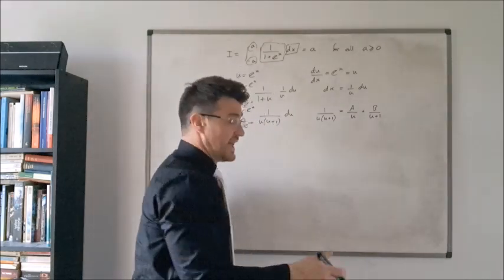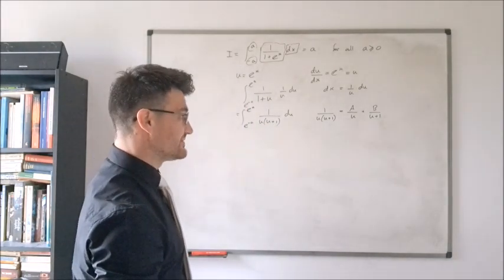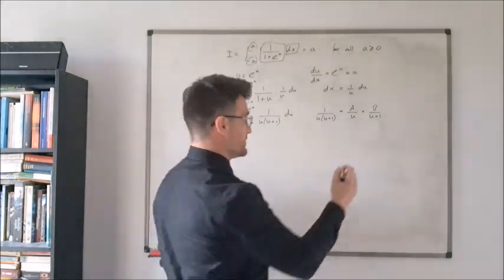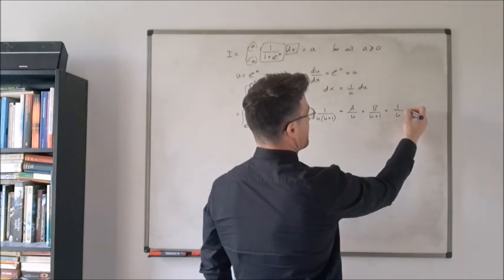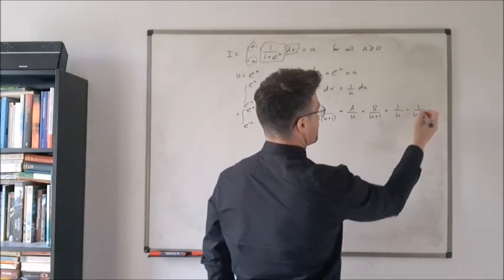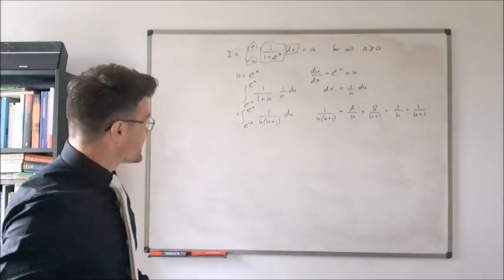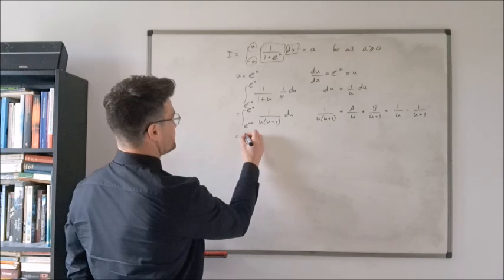What we'll find is that a is equal to 1, and b is going to be equal to minus 1. So this will be equal to 1 over u minus 1 over u plus 1. I'm just trying to recall what I did get, I've got my notes here.